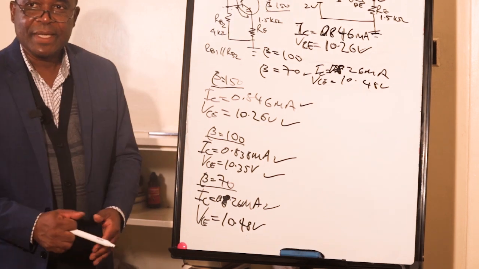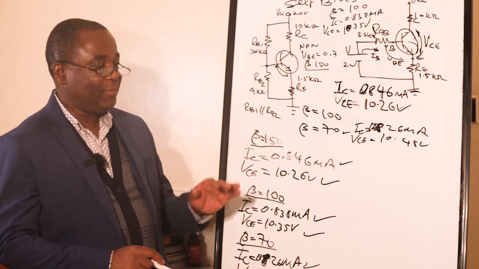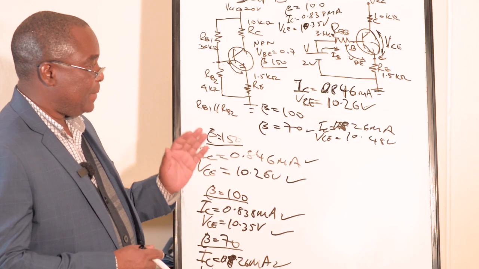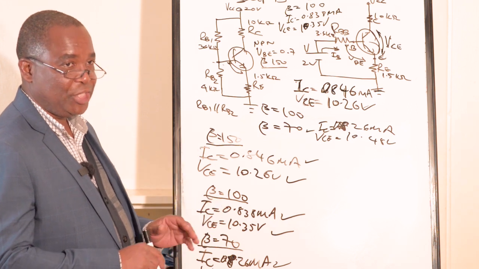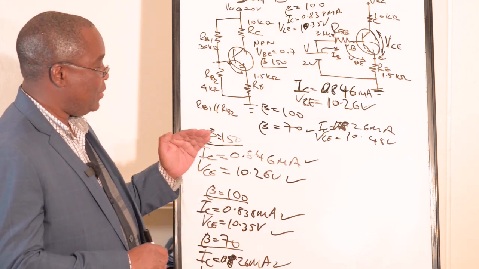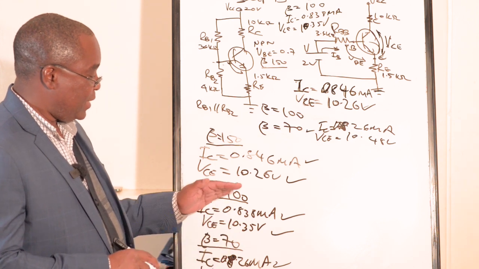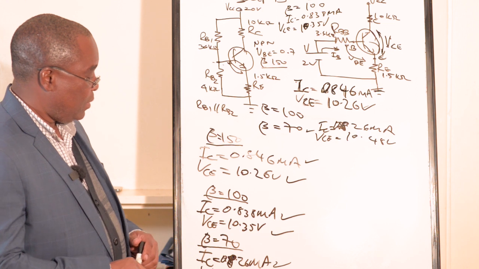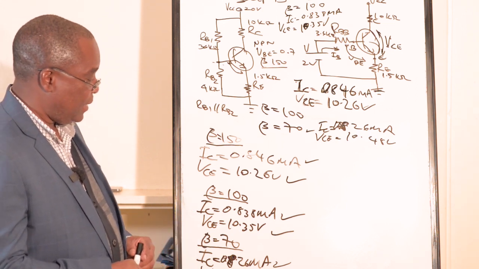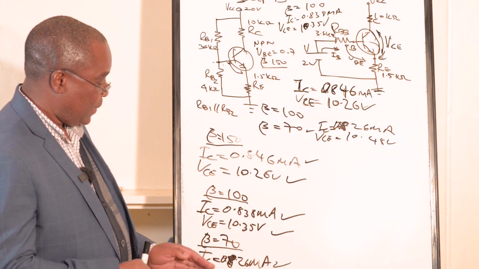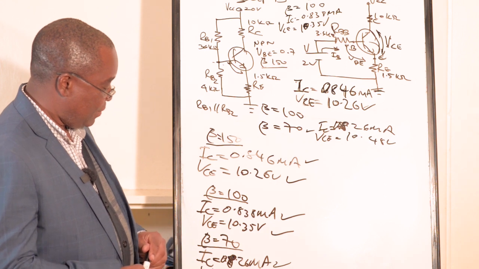So in conclusion, we are saying the voltage divider bias or self bias is a more stable configuration, because we have seen when we vary beta at large, we have very small change in collector current and collector emitter voltage.